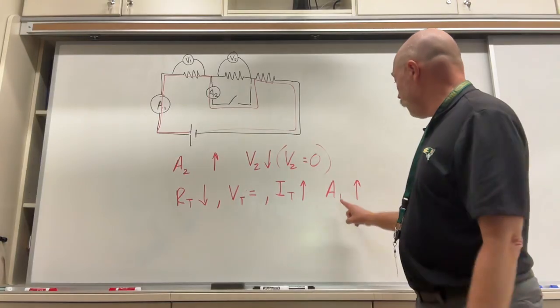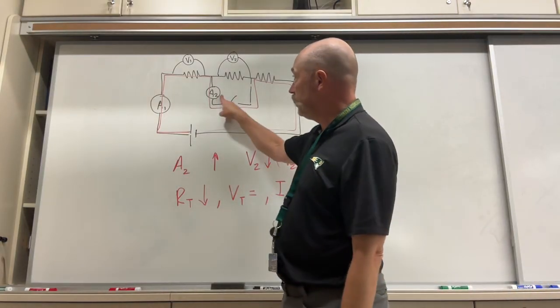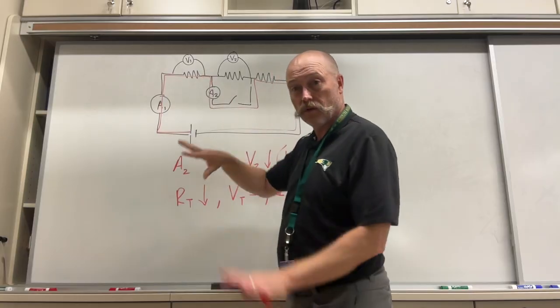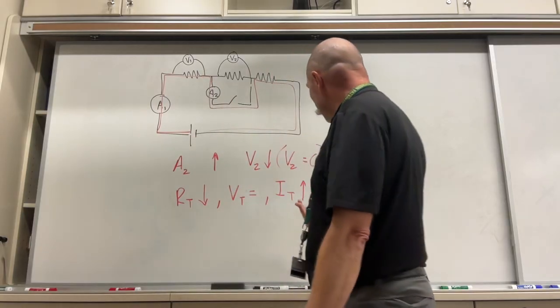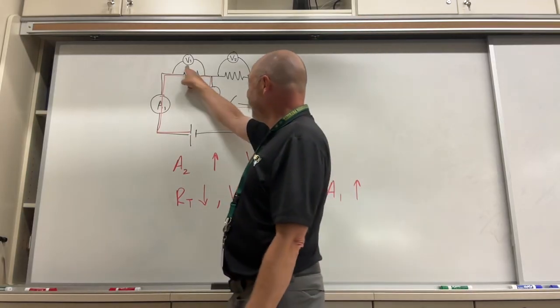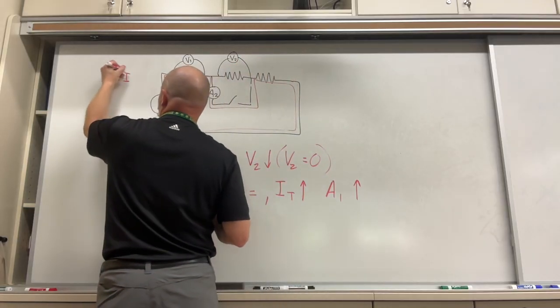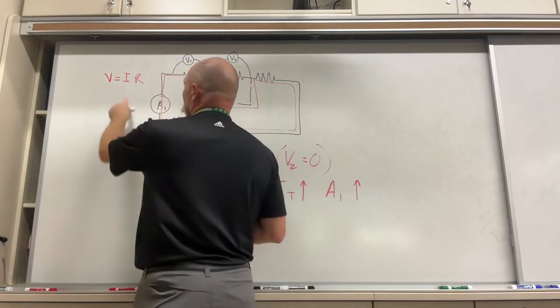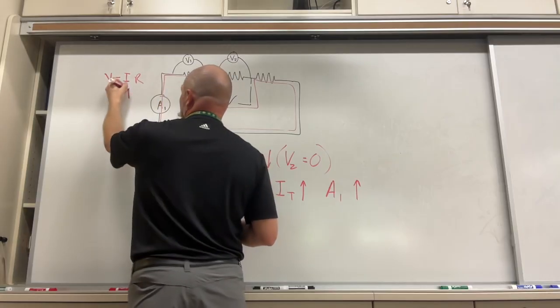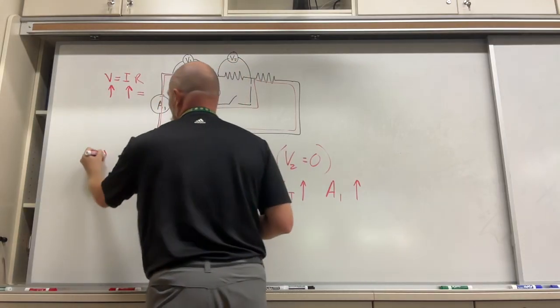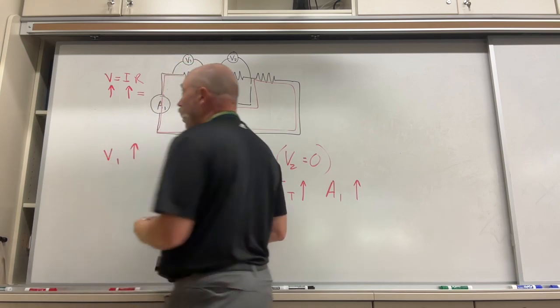The value of A1 and the value of A2 when you close the switch are going to be the same, because it's a series circuit, so the current everywhere has to be the same. And if you think about V equals IR, my current through this went up, the resistance stays the same, so therefore V1 has to go up.